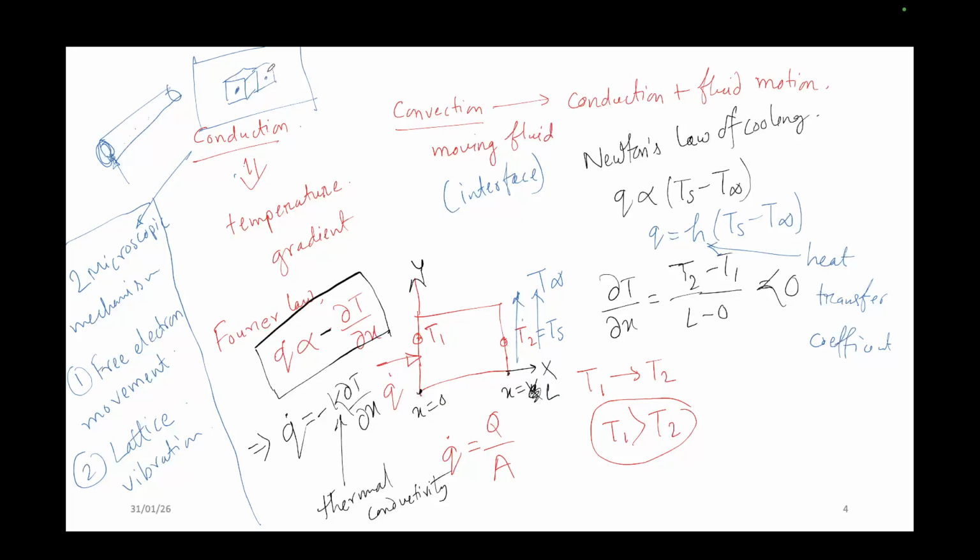Because of this, when we hit an atom, it gets excited and starts to vibrate. This vibration is transferred to the neighboring atoms. So the vibration of the atom is correlated with the vibration of the lattice. That's why heat is transferred in case of conduction. So these are the two microscopic mechanisms.